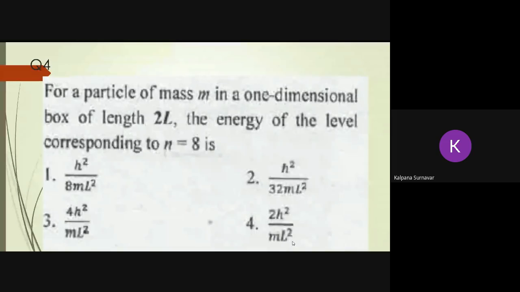So, to solve this problem, initially we have to know how much energy is given by the Schrödinger equation when the number of the energy level is given. See, here is the answer.